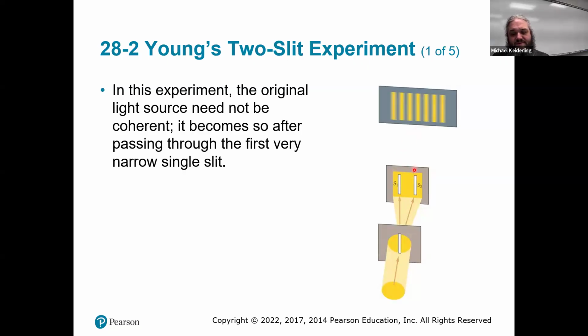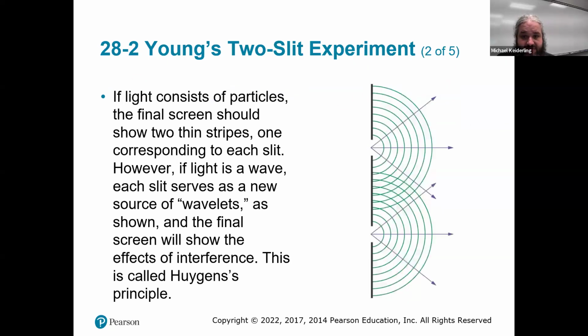Then you can calculate the difference in wavelength, and you see this pattern of light and dark bands. So if light consisted of particles, the final screen would show two thin strips, one corresponding to each slit. However, if light is a wave, each slit serves as a new source of wavelets, like shown here. And the final screen will show the effects of interference. This is called Huygens principle.